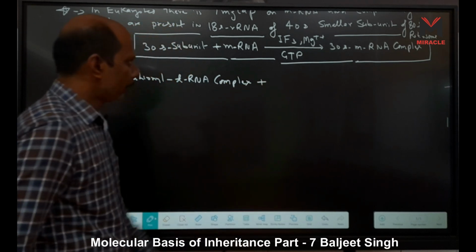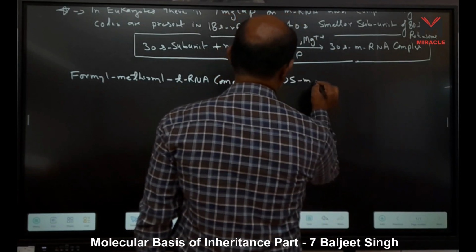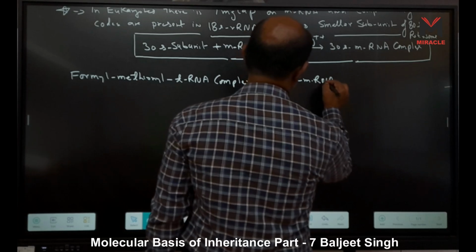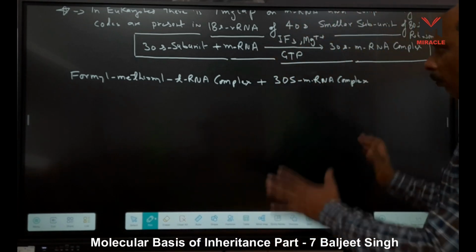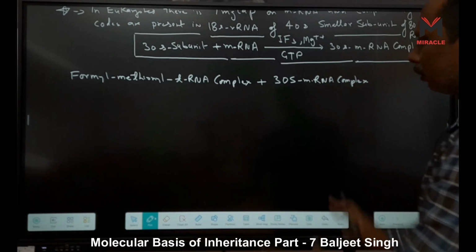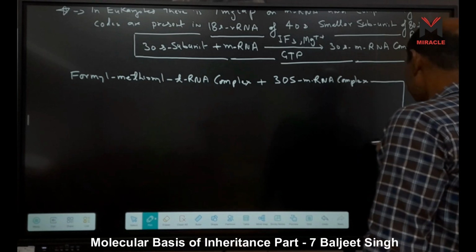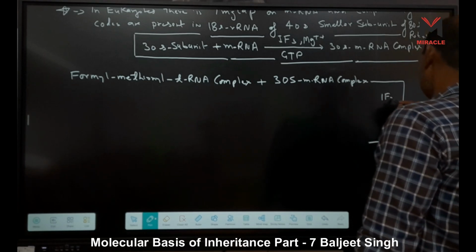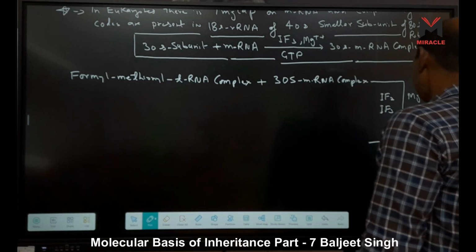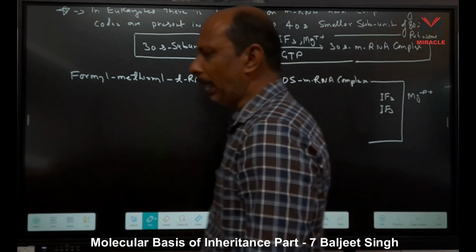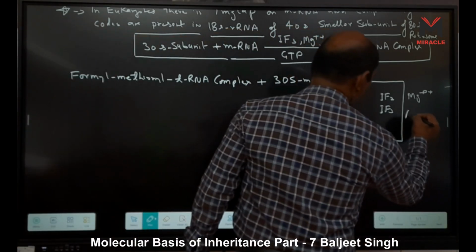plus this 30S mRNA complex, right? When these two come near and attach, with the help of IF2, IF3, Mg plus 2, with the help of initiation factors and also magnesium, they also need ATP for binding.